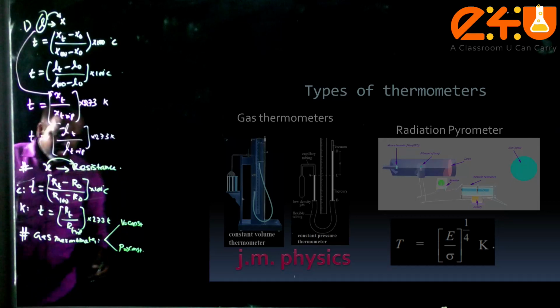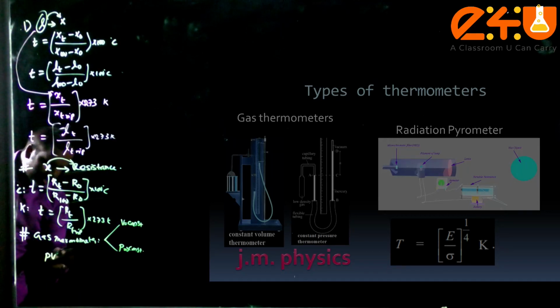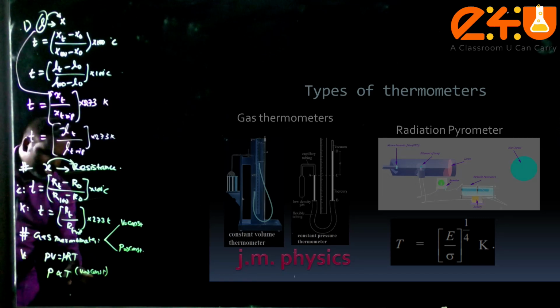Take the ideal gas equation, PV is equal to RT, taking mu to be 1. If V is constant, then we can say that P is proportional to T when V is constant. This is called a constant volume thermometer. In it, the physical quantity X is nothing but the pressure.